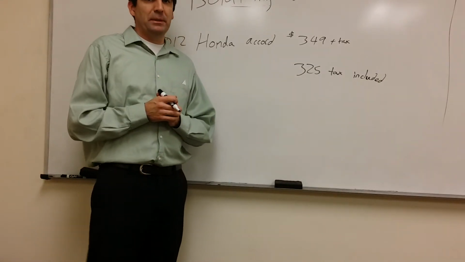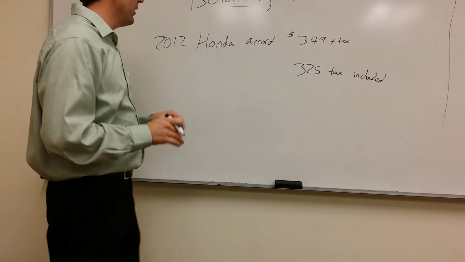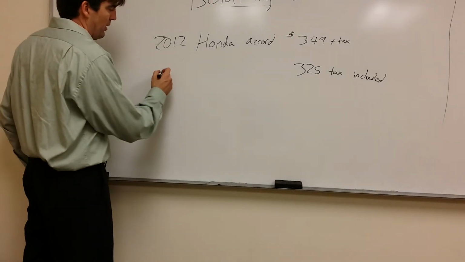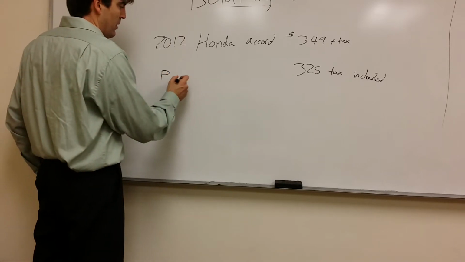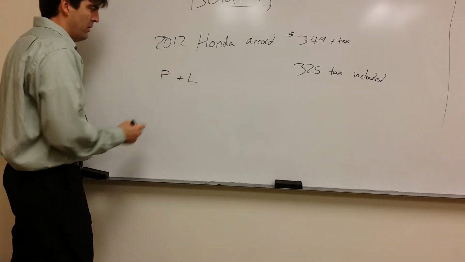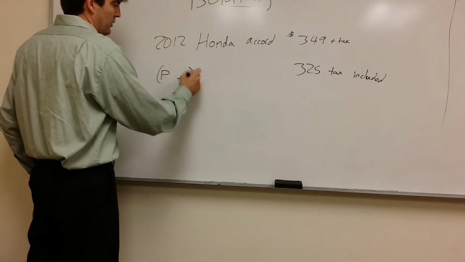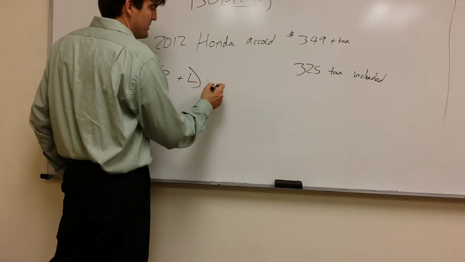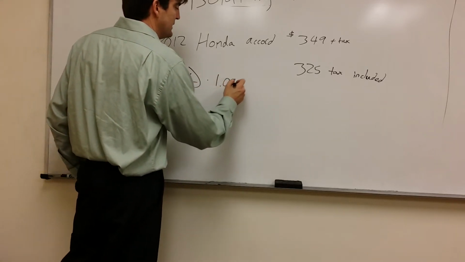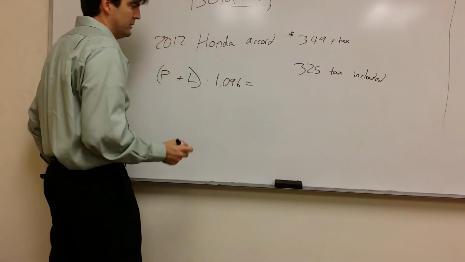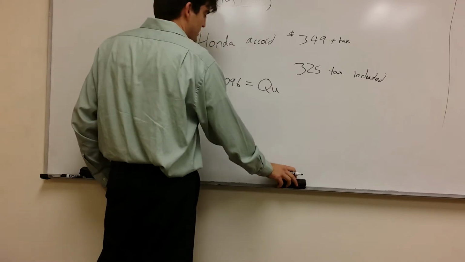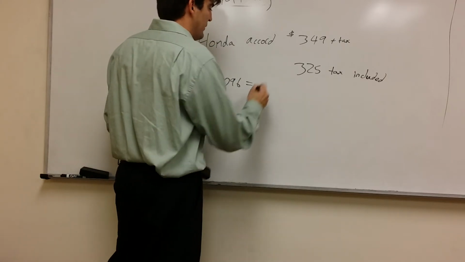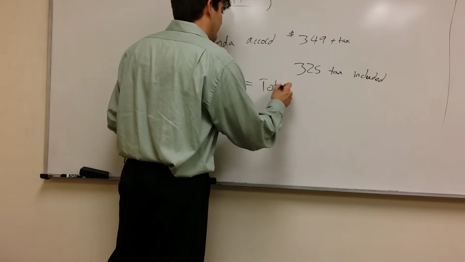What Trevor did there was basically solve for the variable that he wanted. So here's how it worked. We're going to call the cost of the part P, plus the labor, that total, times 1.096 equals the total.